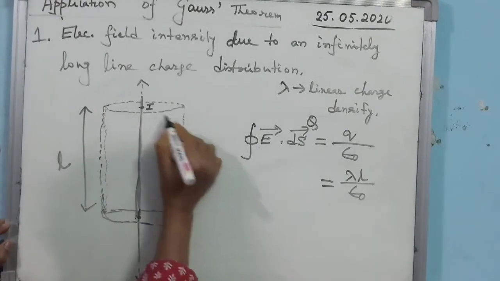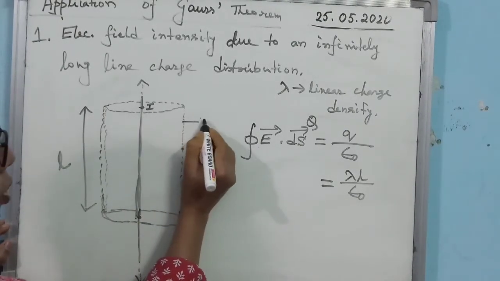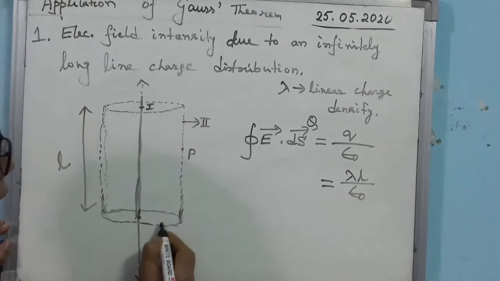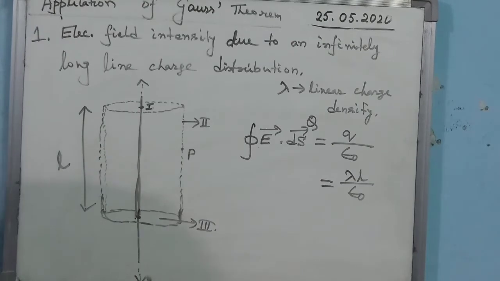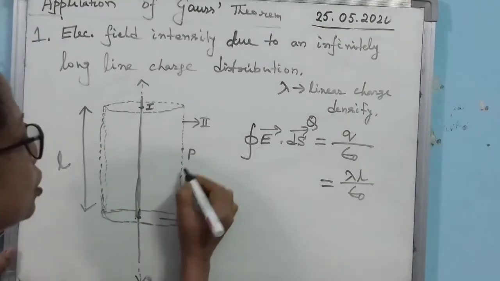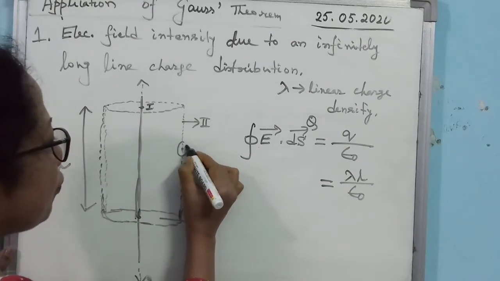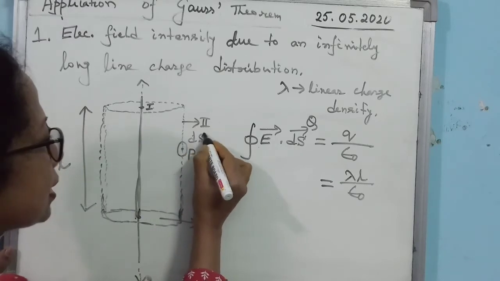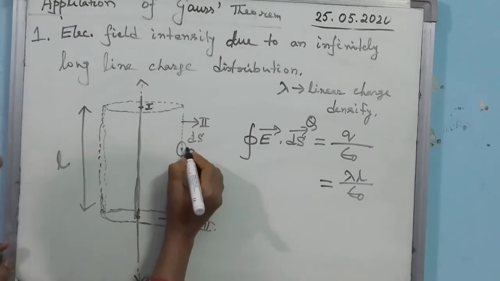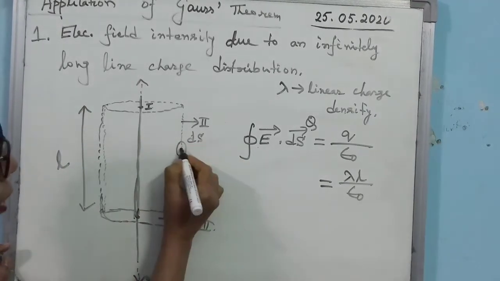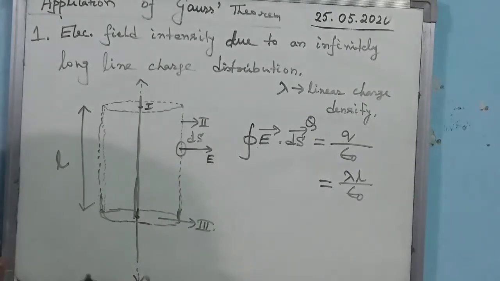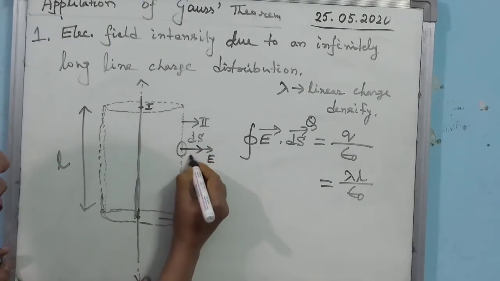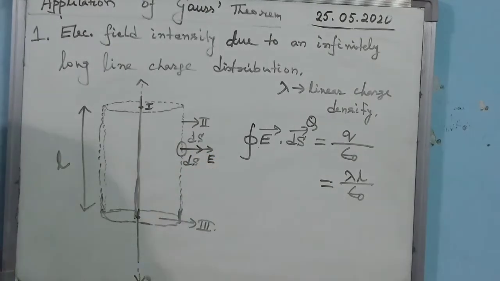This is the first surface, I name it as 1. This one is surface 2, and this one is surface 3. Is that clear? Now, if you choose a small surface dS over the second surface, then you see what will be the direction of E and dS. E is along this direction and dS is also along the same direction.